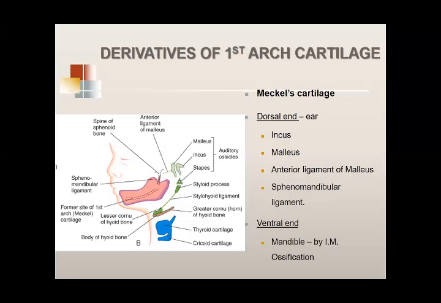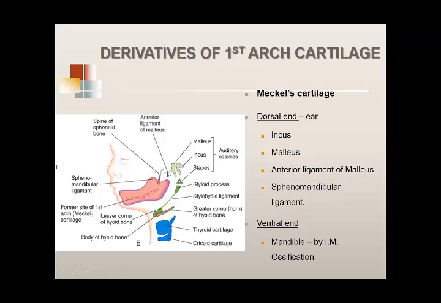ये जो small pieces of cartilage that have broken away from this Meckel's cartilage, they develop into bones of the middle ear cavity. कान की दो bones, incus और malleus.